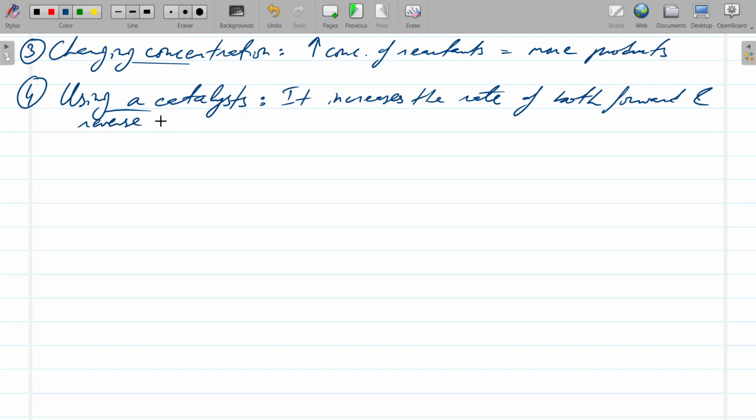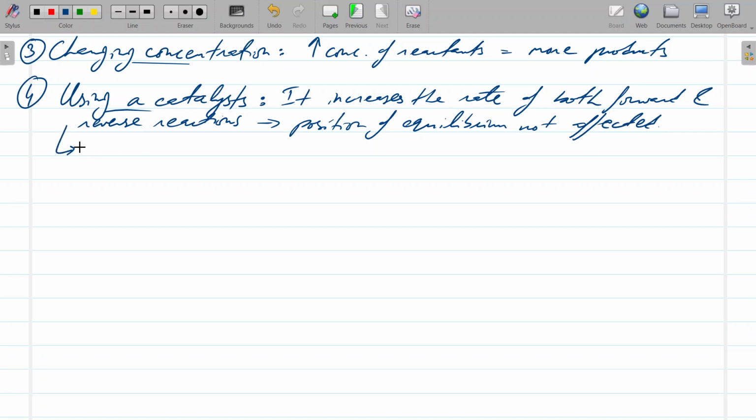So why are we using it? The position of the equilibrium is not affected. So then what's the point? The point is that, as we talked about, the catalyst makes the reaction happen more quickly.